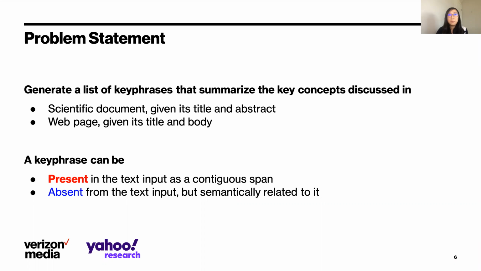You first come up with a number of noun phrases from the input document, and then the ranking model will compute a relevance score and then set a threshold saying that everything above would be my candidate key phrase. So in that implementation, it sounds like you would be able to measure absent key phrases. You will be able to measure absent key phrases, but the approach itself doesn't allow generating absent key phrases.